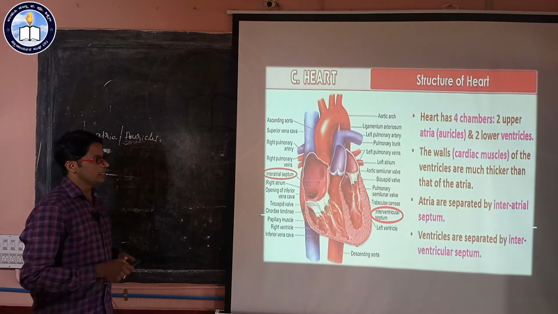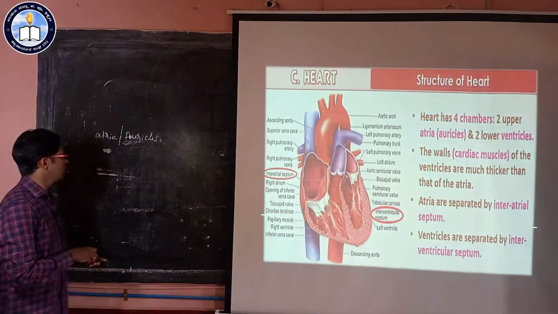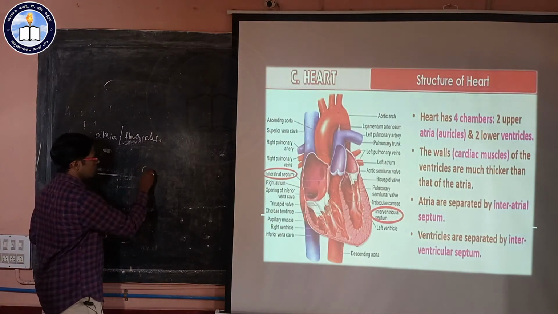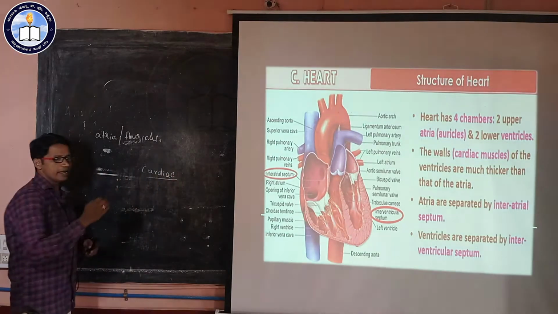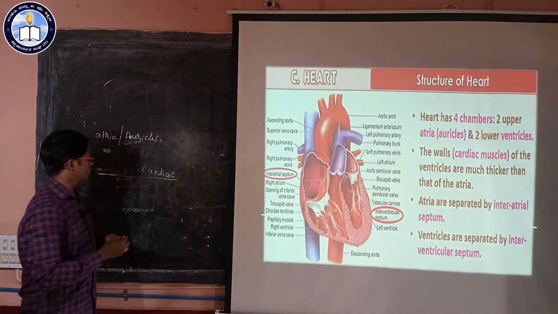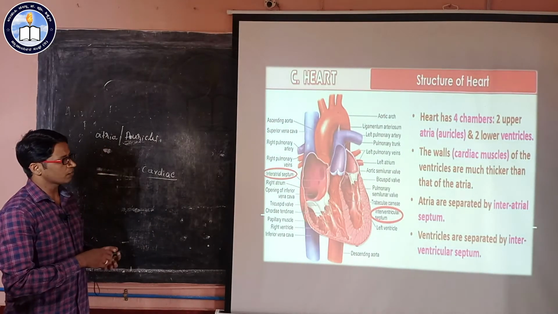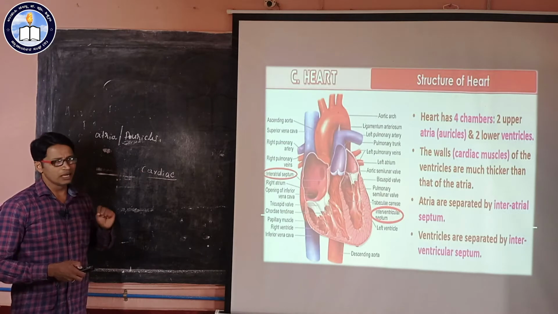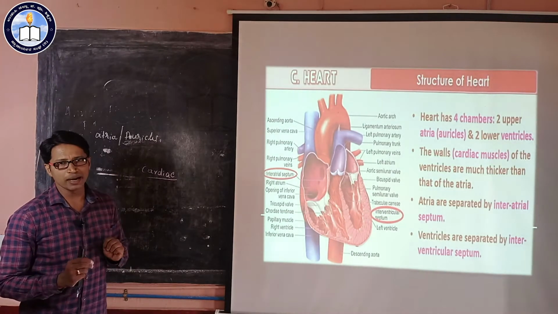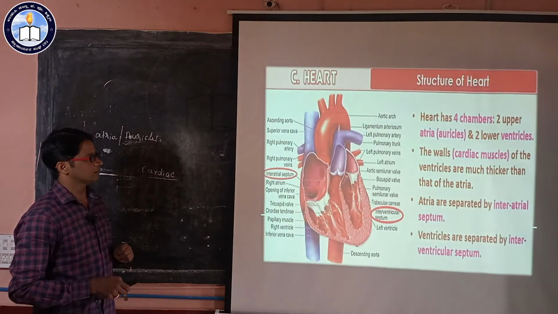Our heart is made up of specialized muscle called cardiac muscle. We studied this in animal tissues. Cardiac muscle is a special kind of muscle present in the wall of the heart, and it never shows fatigue.